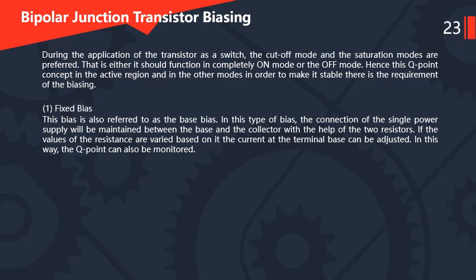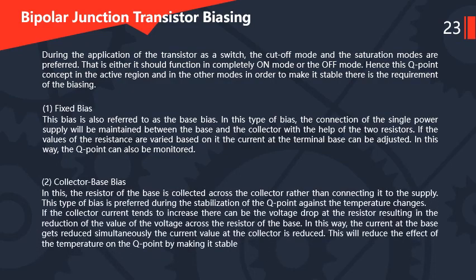If the value of the resistors or resistance is varied, based on it, the current at the base terminal can be adjusted. In this way, the Q point can also be monitored.